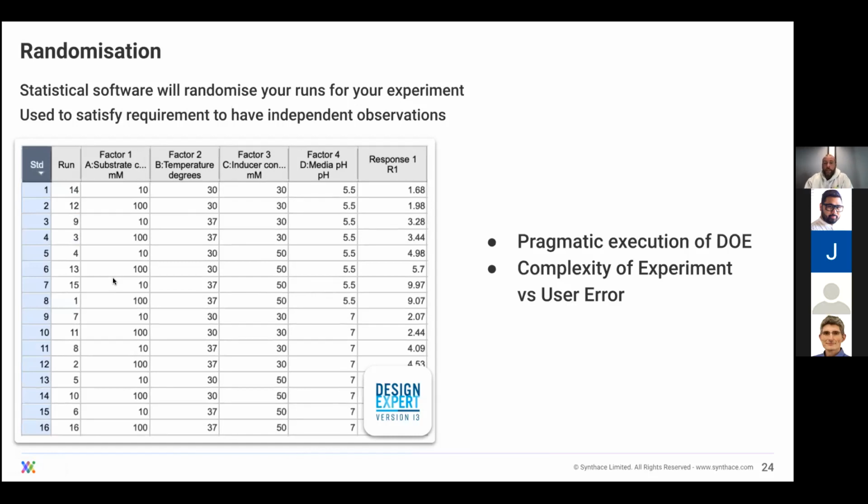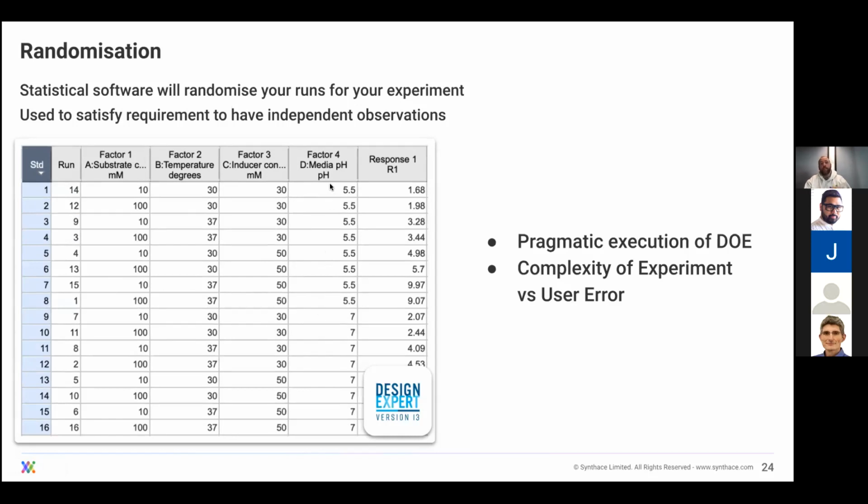Randomization is good. However, I did want to highlight that in order to pragmatically run experiments, you may decide to run in standard order. You can see here that the set points are no longer random, and you can see the balance of the design with representation of high and low level settings being equal. The setup and execution of the experiments may be quite complex, and this may lead to concerns over user error.